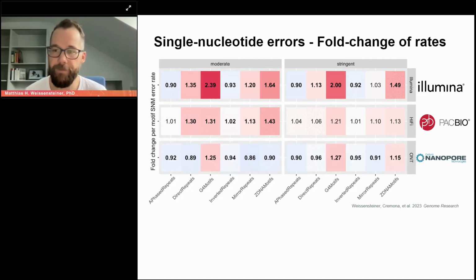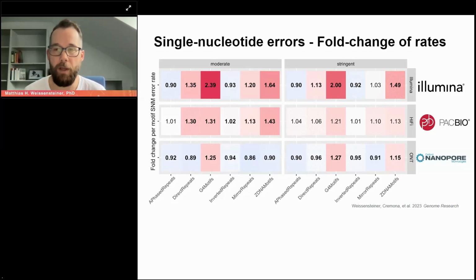Finally, we have Oxford Nanopore. And this was quite interesting to us here in the moderate filter level. All but 1 non-B motif actually showed lower error rates in the motifs compared to the controls. And this might be due to the fact that in the motifs we at the beginning excluded any homopolymers except for G4 motifs.